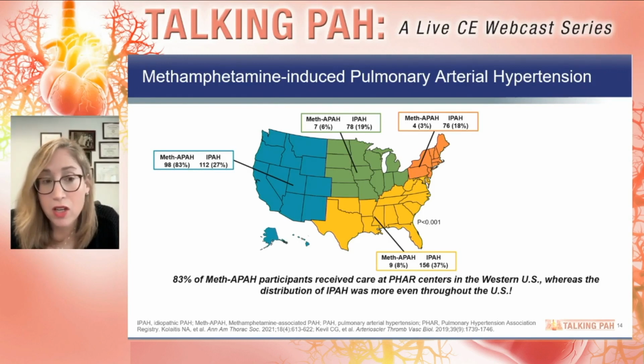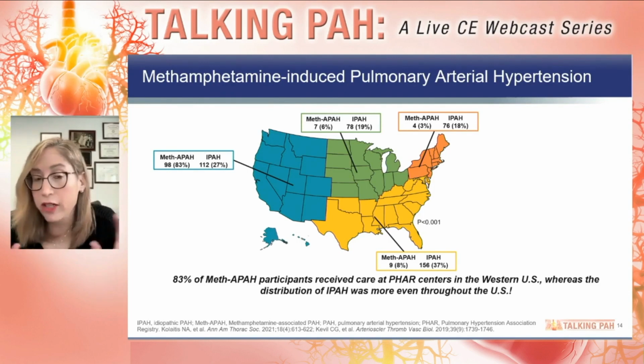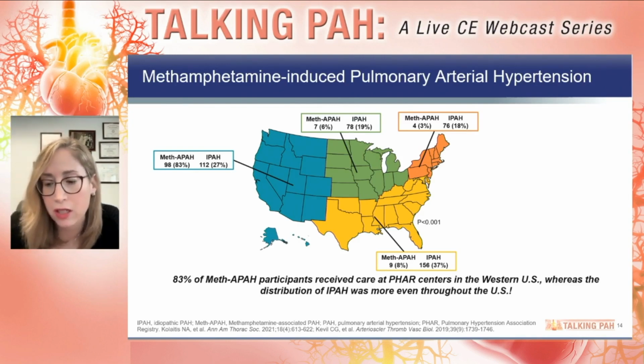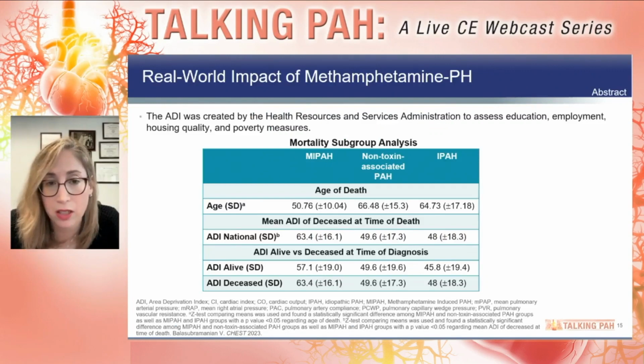And when they looked at their socioeconomic status, in the PHAR registry, most of these patients had public aid. So their insurance was paid by the government, and they had worse quality of life based on our quality of life measures. So it's clearly a different phenotype that we're seeing, at least in their presentation.